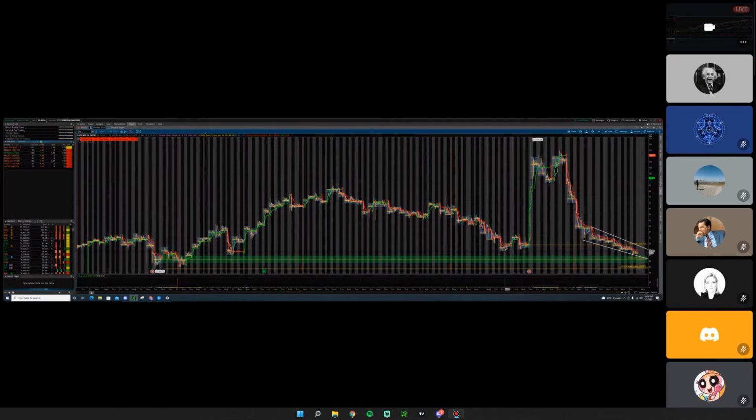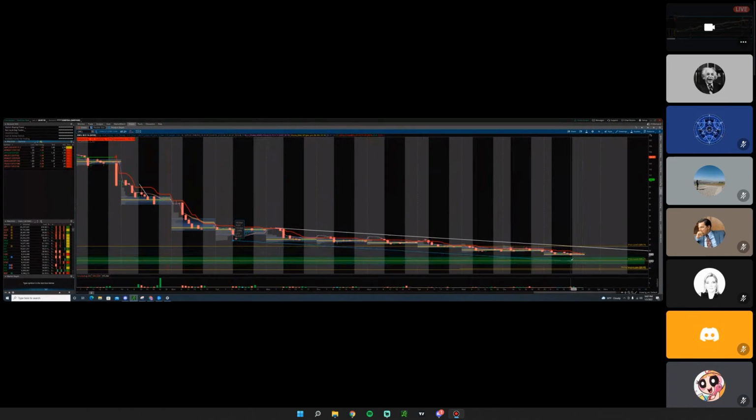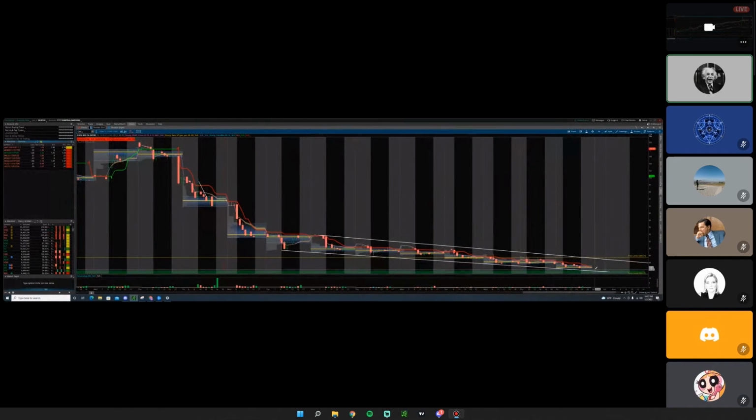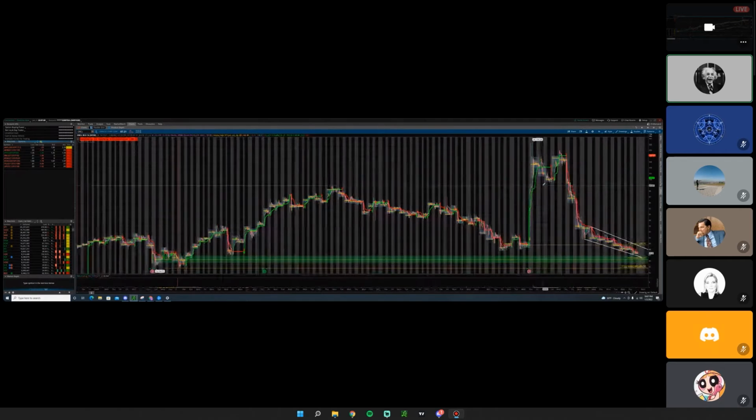It popped. Obviously they made a higher low here on the next pop, and then look, poof, explosion, came back to the VPOC. I think they come back here to the bottom of this. So I think it would make sense that they would bounce here, where it collides with the demand zone, as well as this being the bottom of this, if you want to call it a falling wedge or whatever you want to call it.